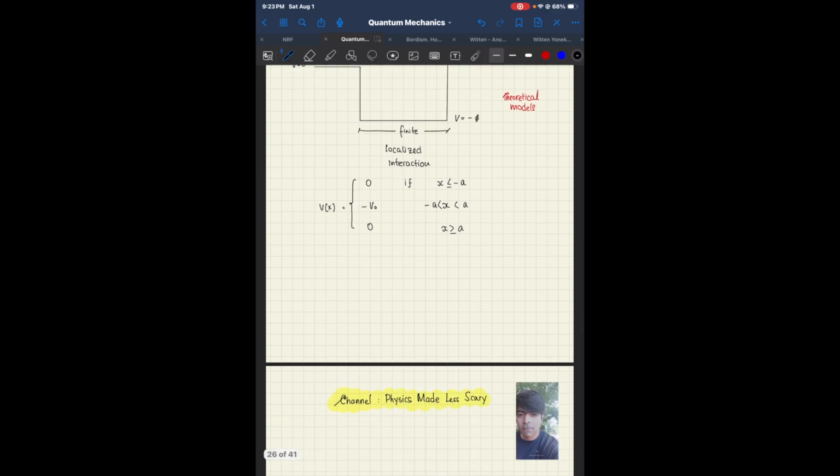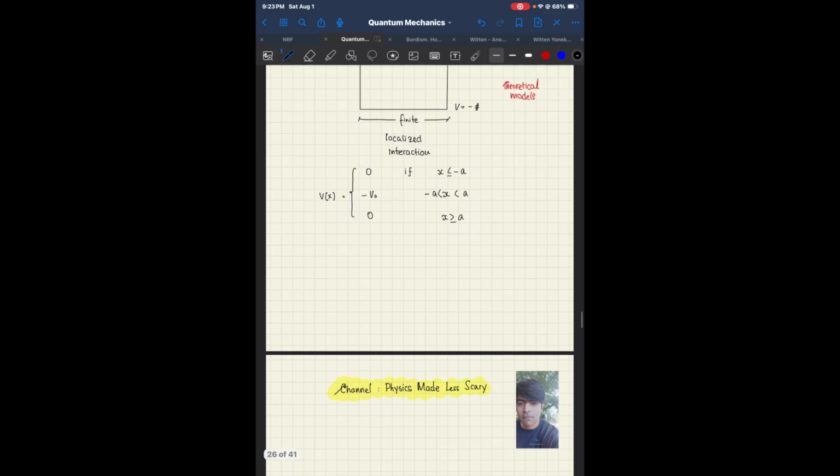Now recall the Schrodinger equation. The time independent Schrodinger equation, I mean, with psi double dot of x.